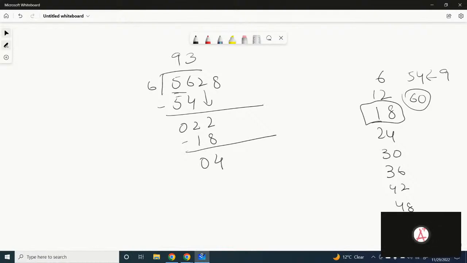Got it? Okay, we cannot divide 4 by 6. Bring the next digit down to make it greater than 6. So you can count the table of 6 until you get 48. So 6 times 8 is 48. So it would be 48 subtract 48 is 0. Got it?